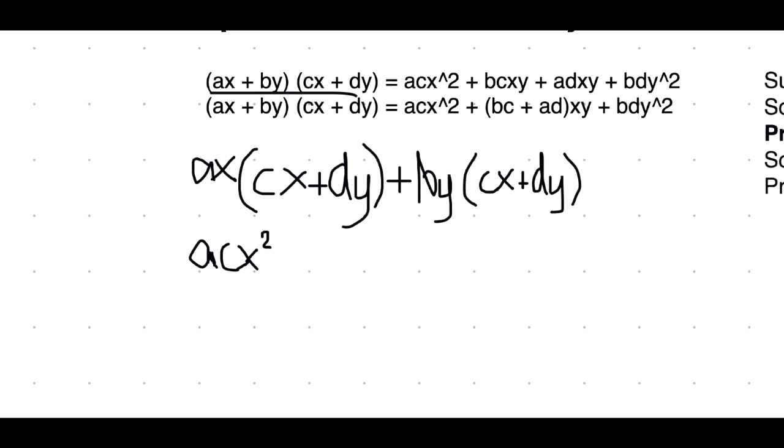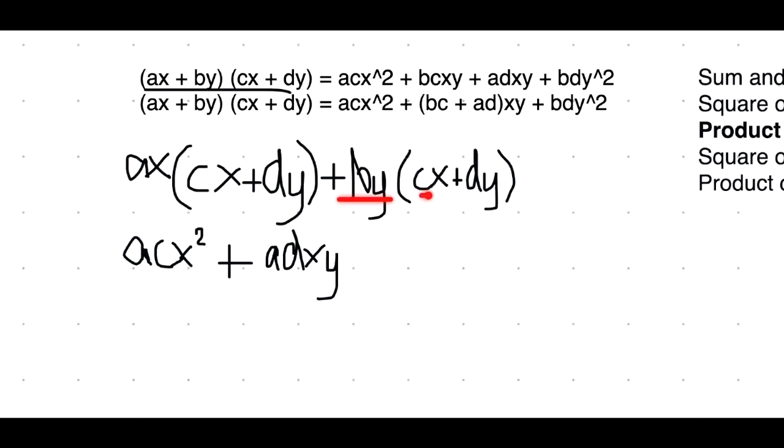Okay, moving on, ax multiplied by dy becomes adxy, and then by times cx is then equal to bcxy.